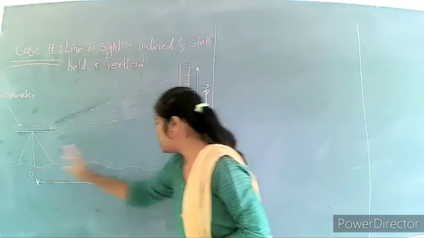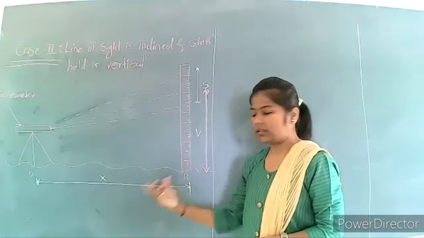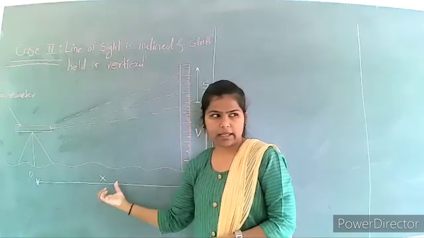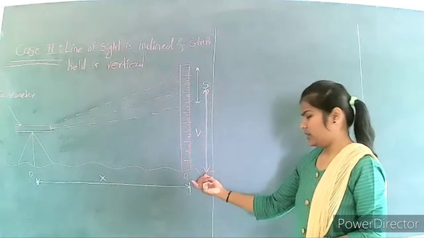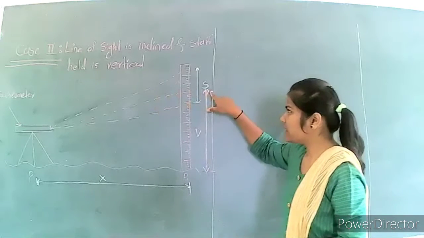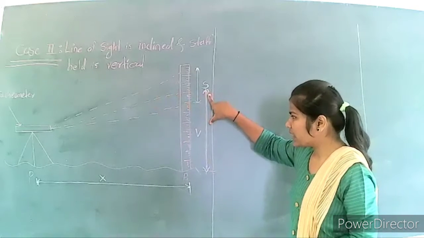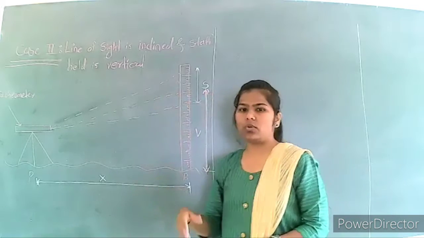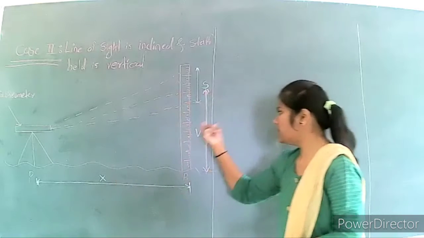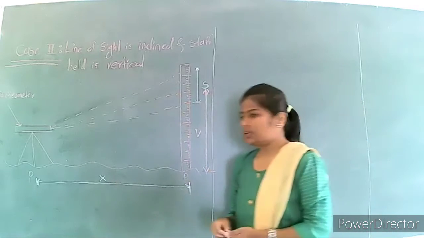The distance between the instrument and the staff is known as the horizontal distance and denoted by capital X. And the distance between the ground line and the central hair reading is known as the vertical distance and denoted by capital V. In this case, we have to calculate the horizontal distance and the vertical distance.